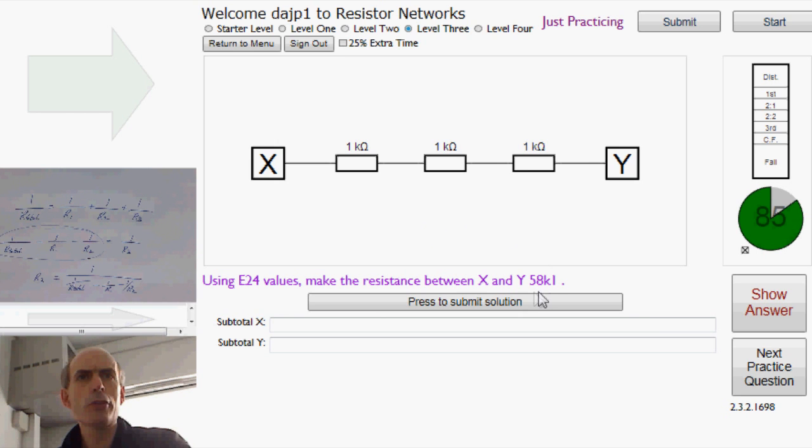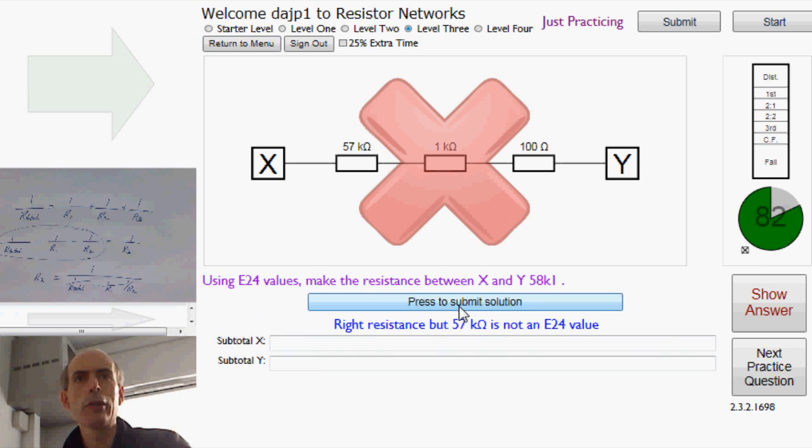E24 values, this time 50, we've just done one of those. Oh, I could use this though to show you that if you get this wrong, for example, if I type this in as 57k, with that as 1k and this as 100 ohms, then that would total 58.1k, but 57k is not an E24 value, and it would tell you that.